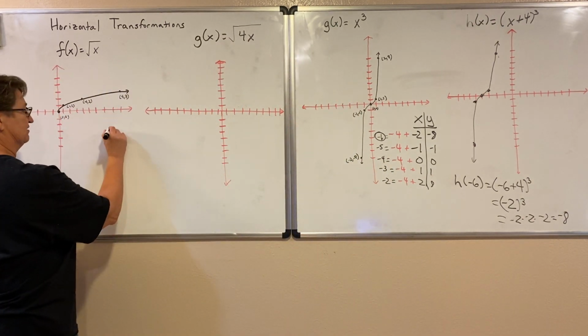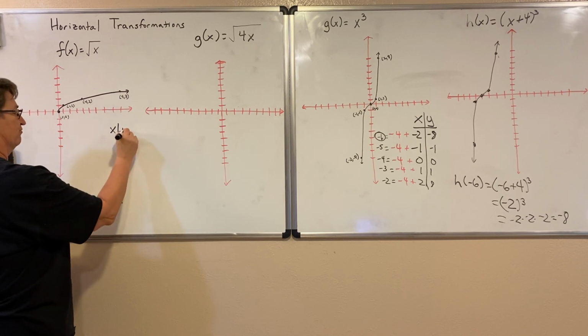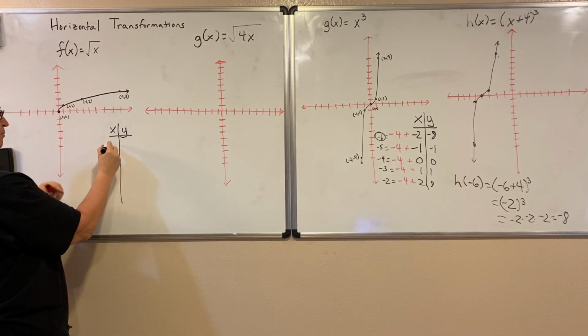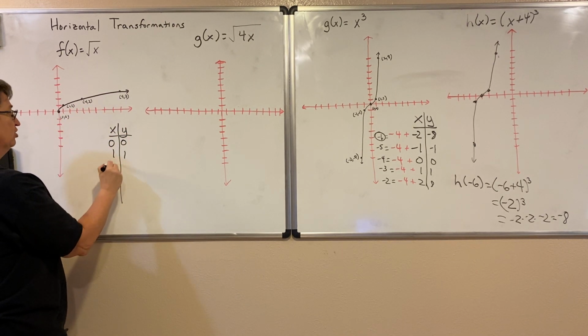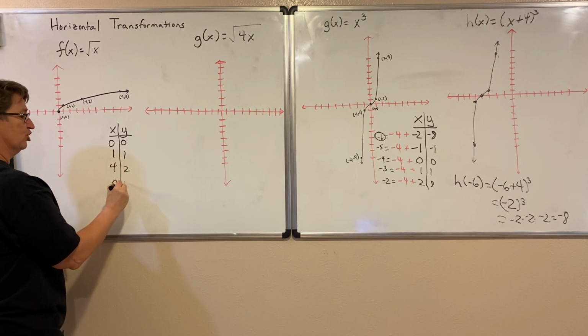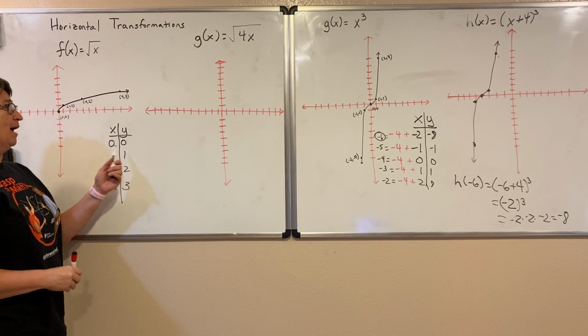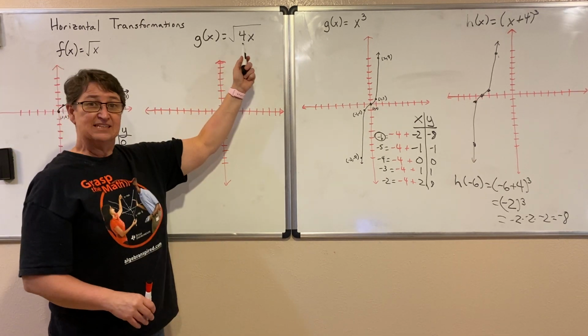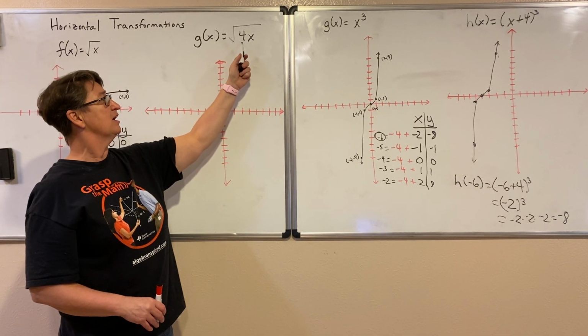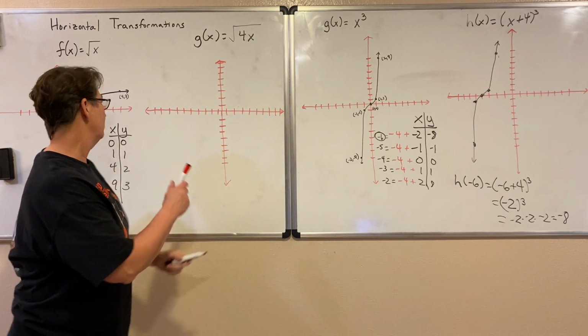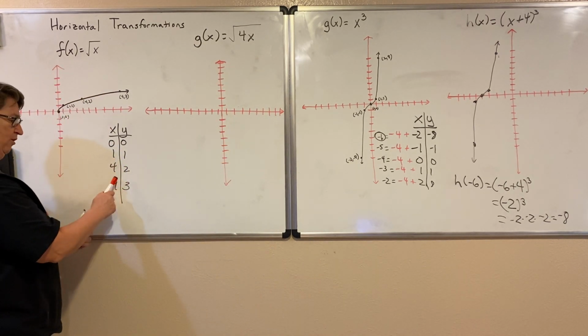So the way I do it is I start with my parent function. So we know these 4 points on our parent. You've learned those, you've gotten really good at graphing your parents. And now, because this 4 is inside the function, I'm going to divide all of these by 4.